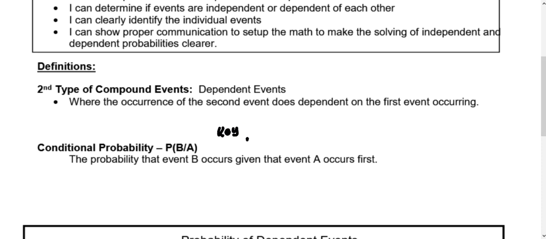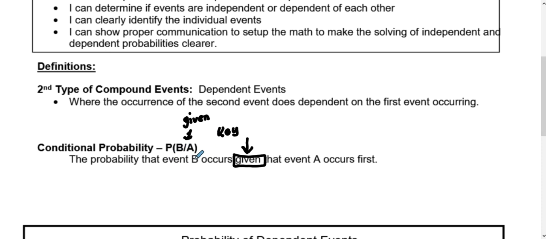And the key word is the word given. So when you see or hear the word given when you read it, that's what the slash means. So when you hear B given A, that's the notation that you're going to use when setting up your probabilities moving forward.